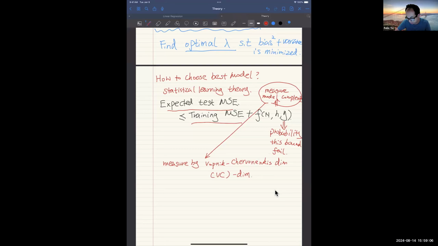You can think of it this way: if the model complexity is higher, we have more powerful, complex functions, but it might overfit. If this VC dimension is small, it has less power. It won't overfit, but it will be limited in what it can represent.